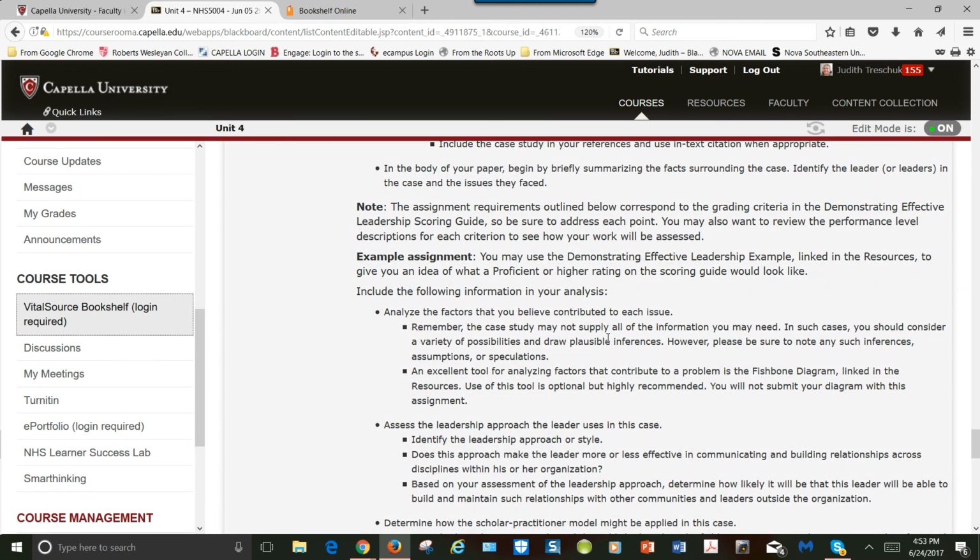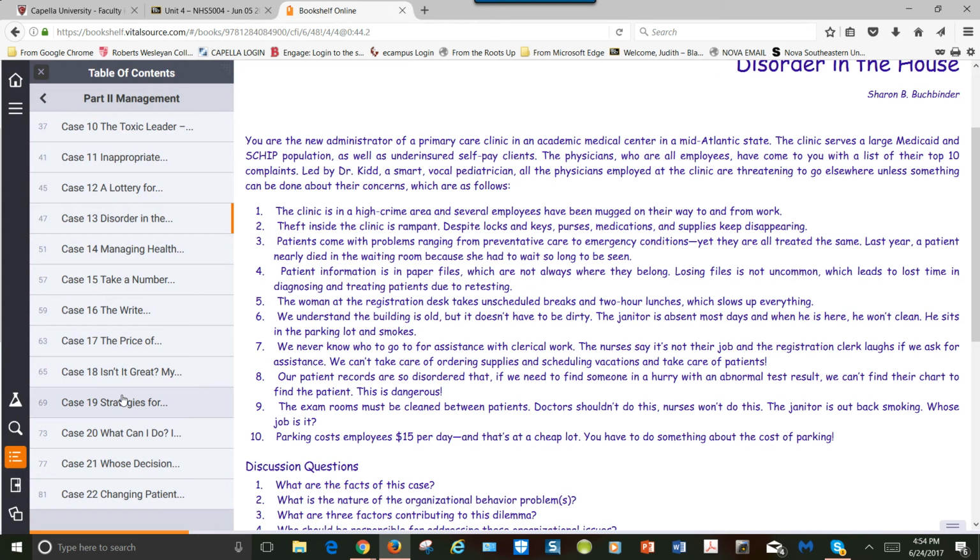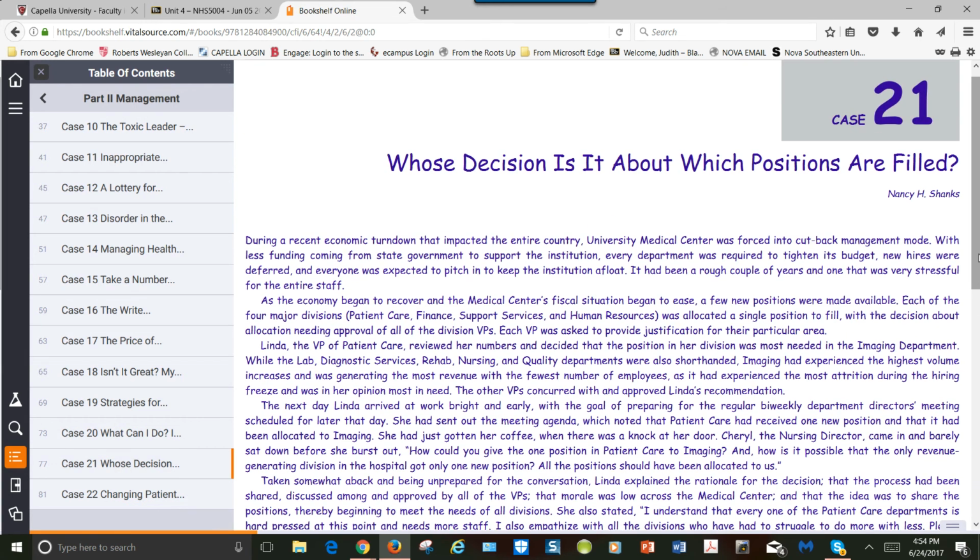If the case study doesn't supply all the information you need, you should consider a variety of possibilities and draw plausible inferences. So that would mean you'd have to sort of project what you think would unfold in that case study. Be sure you note any such inferences, assumptions, or speculations that you make. So if you don't want to do that, I would encourage you to look for case studies that are rich in content.